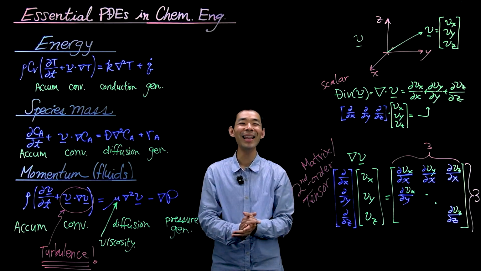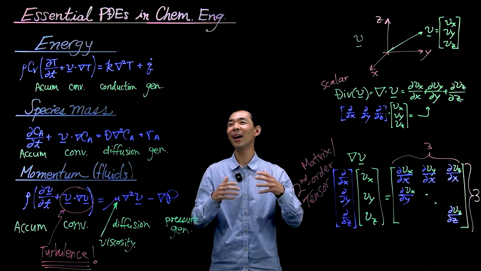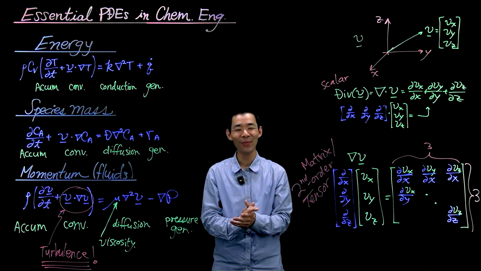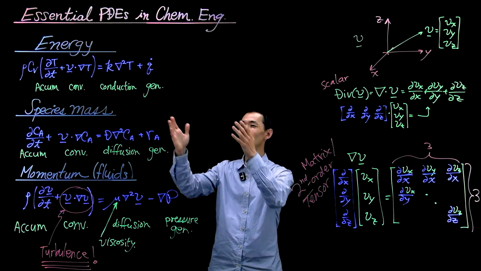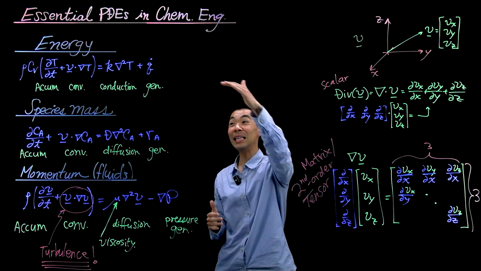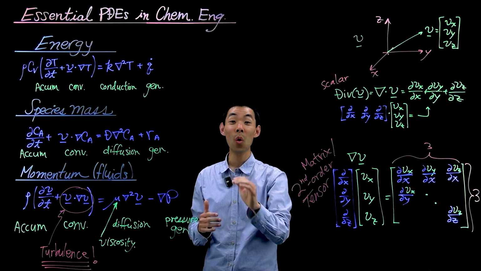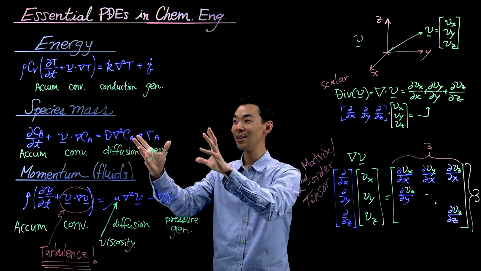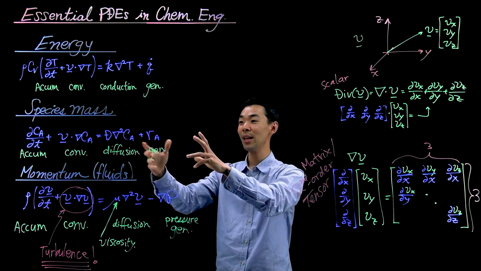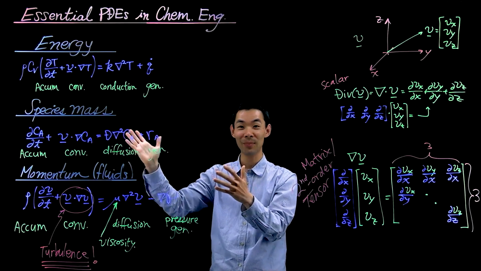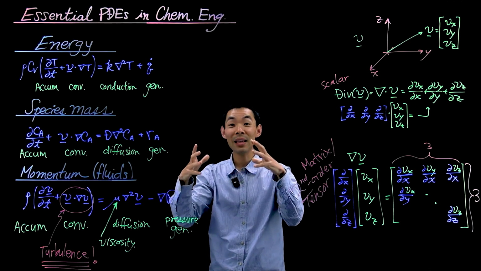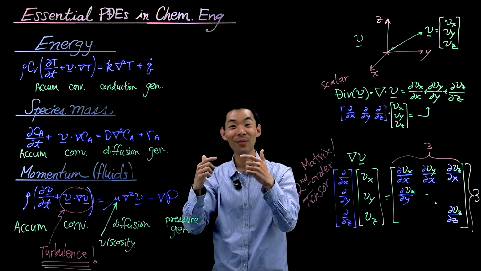All right, let's end here as motivation for all the really cool upcoming courses that you might take in the future related to energy, mass, and momentum. And by the way, these are each separate courses. There's an entire class on energy balances. There's an entire class on kinetics, reaction engineering, and catalysis that deals with species mass balance, about effectiveness parameters, Thiele moduli of diffusion reaction problems.